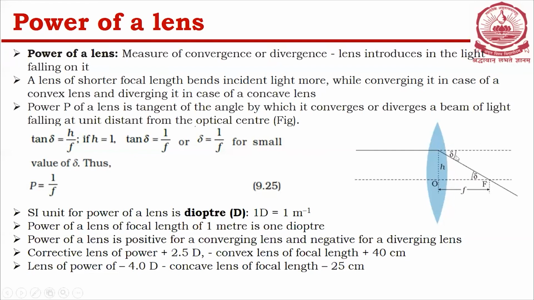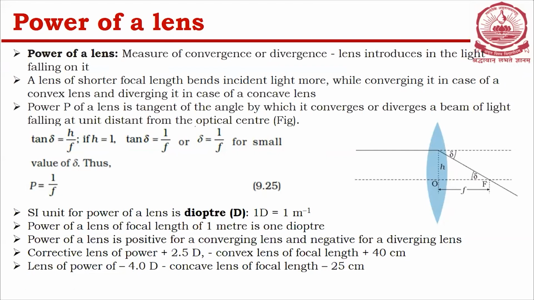Power is a measure of convergence, so if the angle is delta, tan delta is h by f, where f is the focal length. If h is equal to 1, then delta is equal to 1 by f for small values of delta. So the power of a lens is approximately 1 over the focal length.